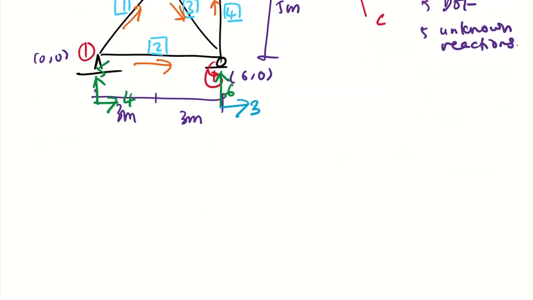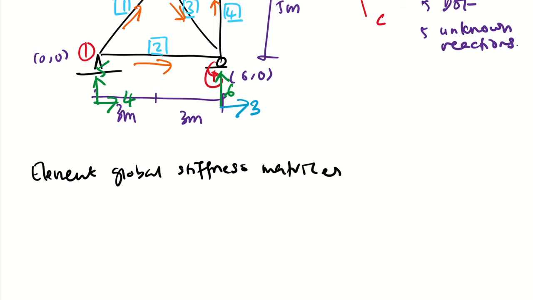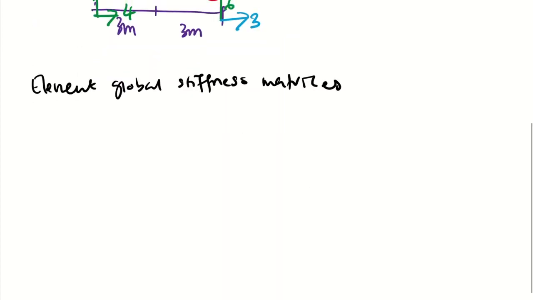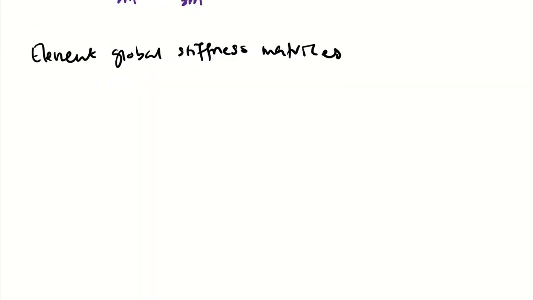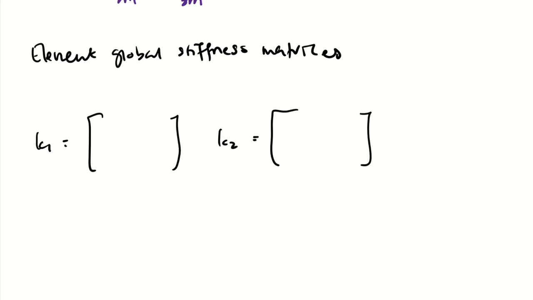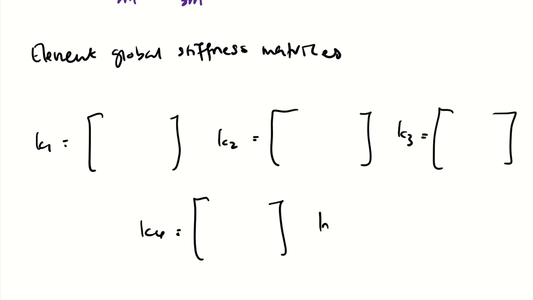So for the element global stiffness matrices, we have 5 K. We will get K1, K2, K3, K4, and K5, because there are 5 elements.